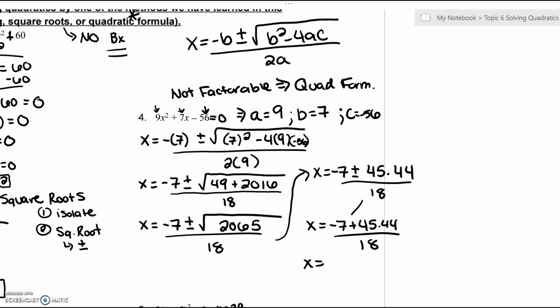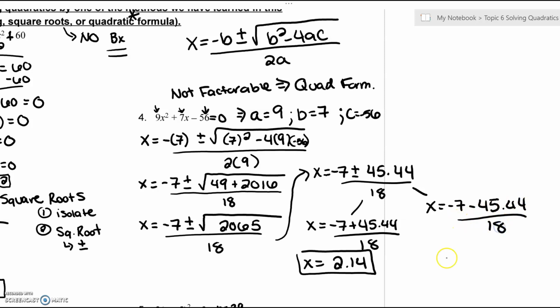If you type that in your calculator, you should get 2.14. And then we do x equals negative 7 minus 45.44 divided by 18, and that should give you x equals negative 2.91. Okay, so decimals are okay.